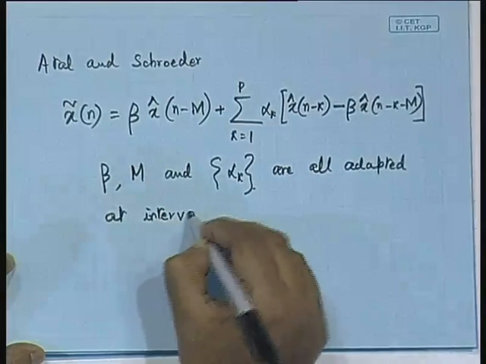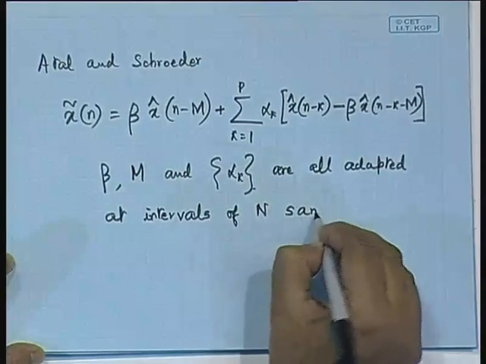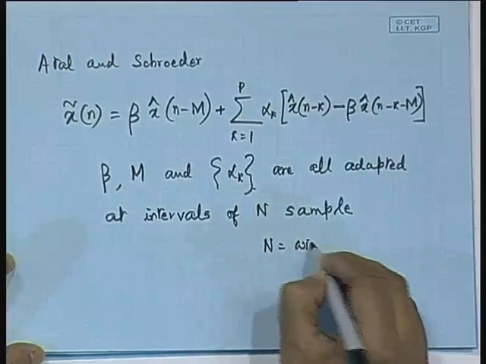capital N number of samples, where capital N is nothing but the window duration.